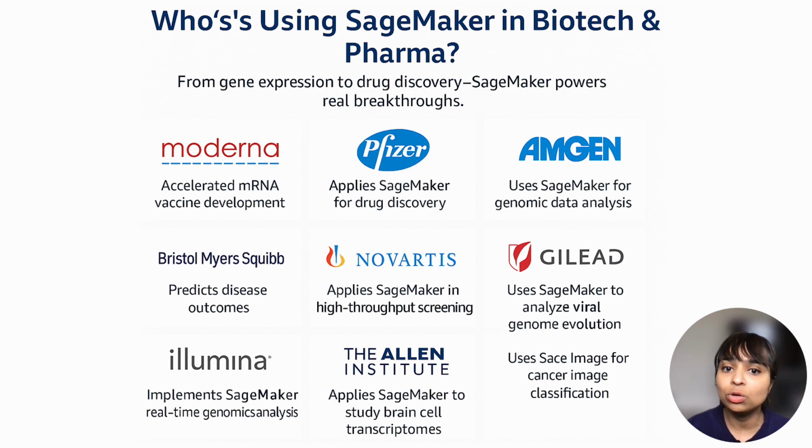I'll show you how to launch SageMaker, set up a notebook instance, explore the new Unified Studio, and run a real biological machine learning pipeline. We'll also try to cover cost management, free tier options, and smart tips to avoid accidental charges. I can't wait to see you in the hands-on session.